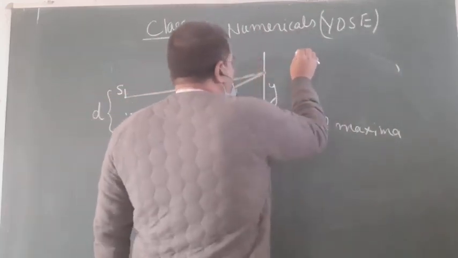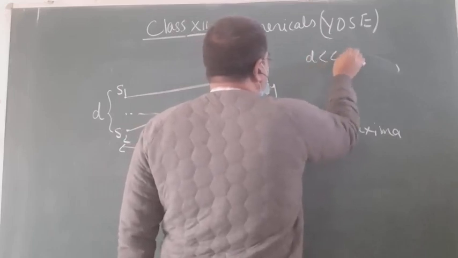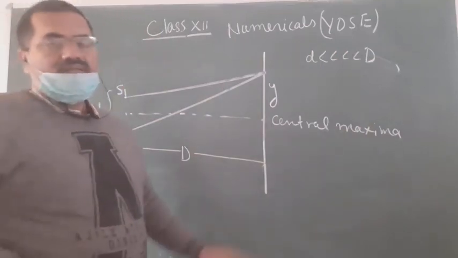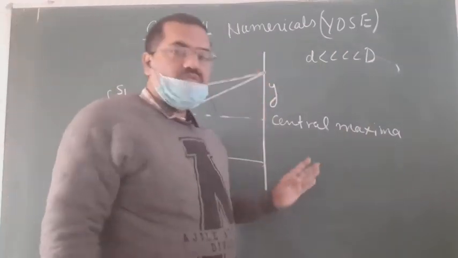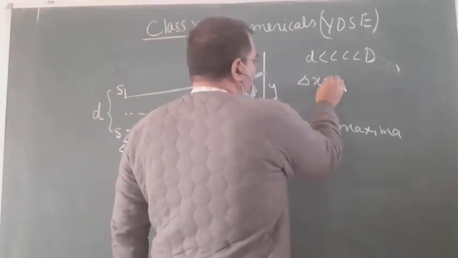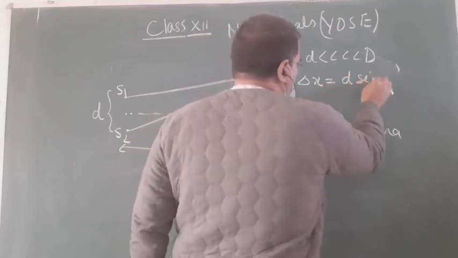So first case, when small d is much lesser than capital D. This is the first assumption in YDSE. You should remember that the path difference between two waves is equal to d sin theta.